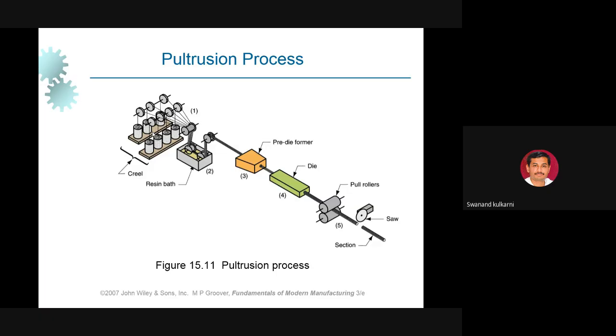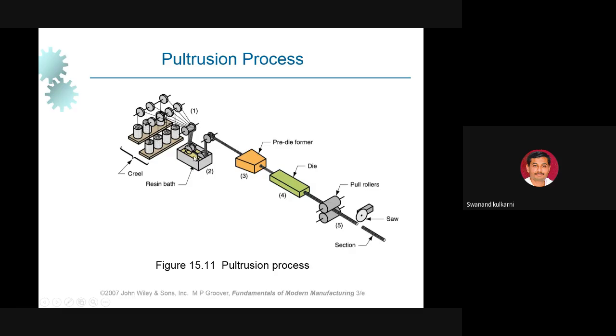So how this particular impregnation or pre-preg formation process happens is shown in the pultrusion process. This particular section passes through the pull rollers, then goes through the die, then to the pre-die former, and then with the help of these pulleys it passes through this resin bath.